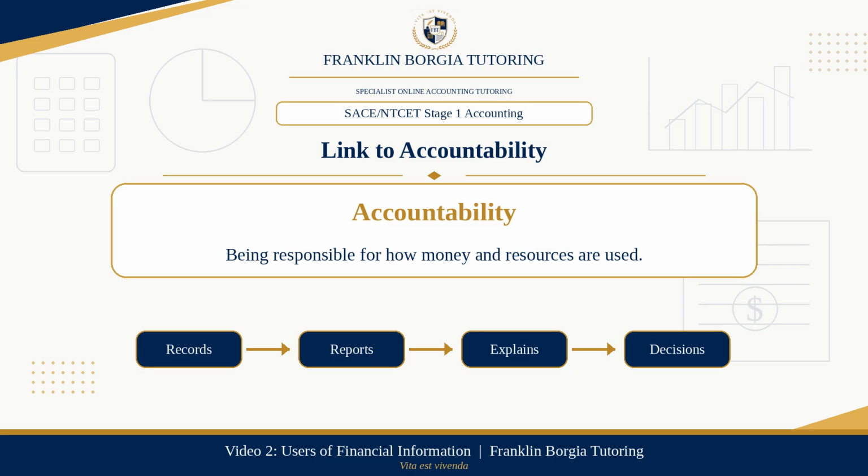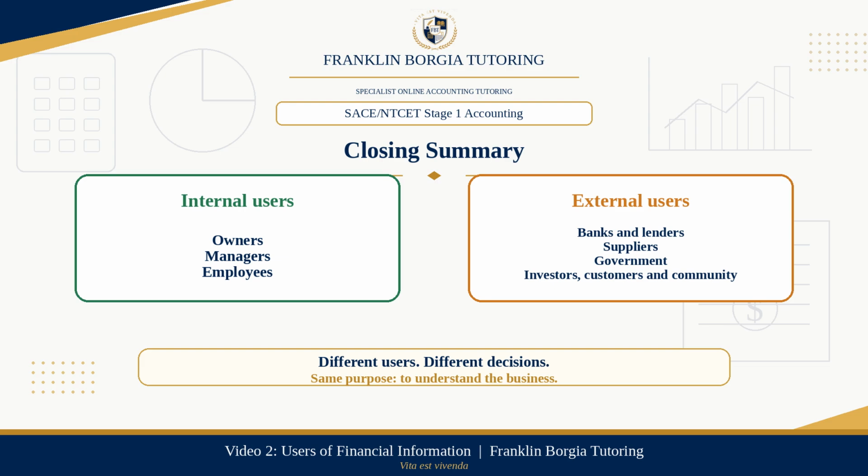When a business keeps proper accounting records and prepares useful information, it becomes easier to explain what has happened, how resources were used, and why decisions were made. This is one reason accounting is sometimes called the language of business. It helps communicate the financial story of the business to the people who need to understand it.